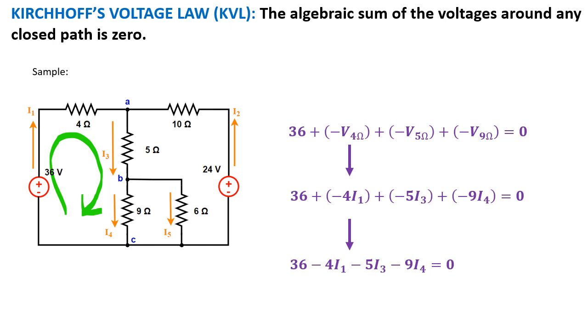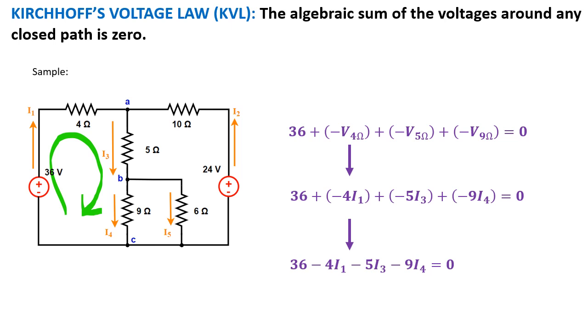From here up to here, it's an independent voltage source, so it's easier for us because the loop enters minus and exits plus, so it is positive 36. That is why we have a positive 36 right here. Then of course we have a plus sign because every voltage has to be added.